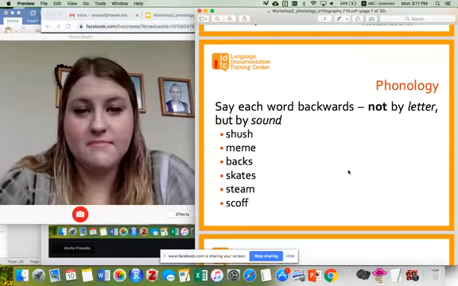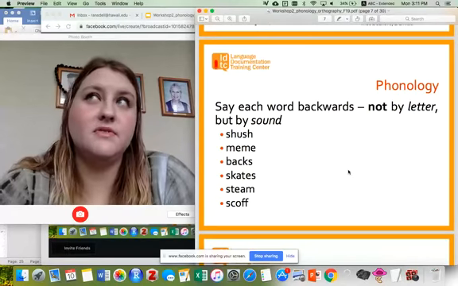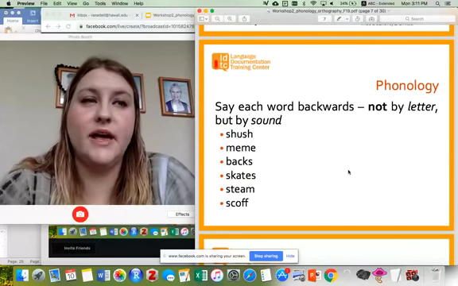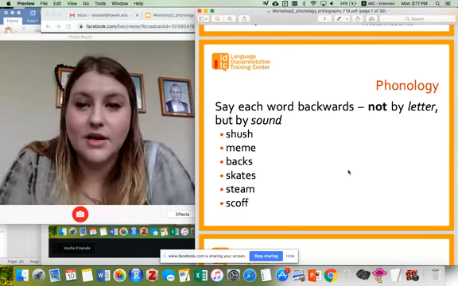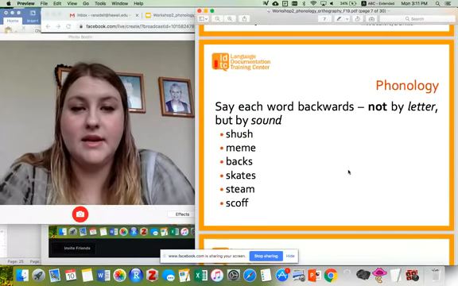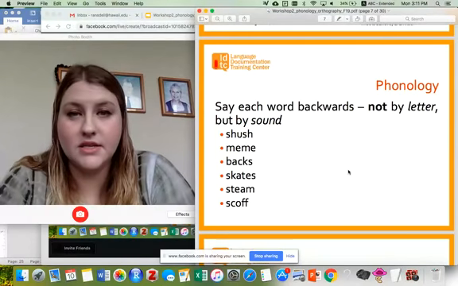So to sort of get through your head the difference between sounds and letters, sometimes it can help to say words backwards, but not by their letter, but by their sound. So it's tempting to read by letter rather than sound because letters are what we read.